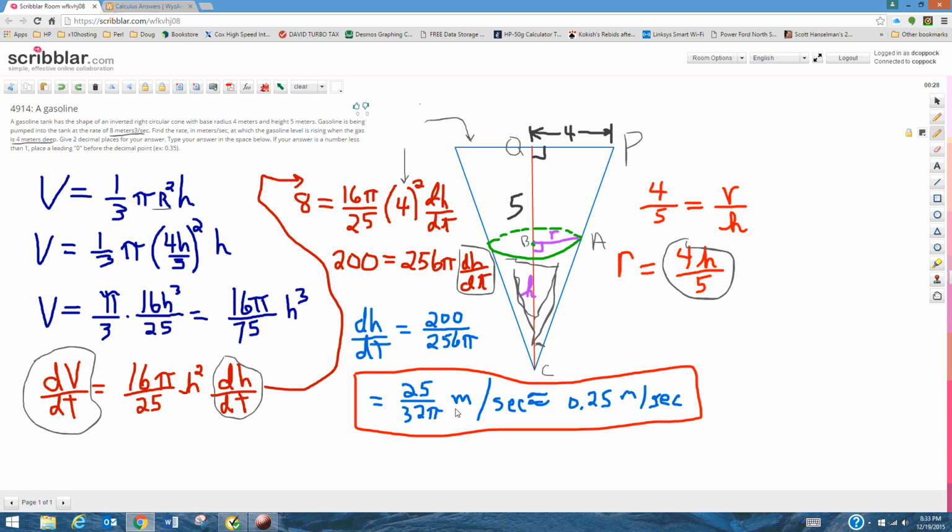And that is meters per second, because on this side I had meters cubed per second. When I square the height, I get meters squared. When I divide meters squared into meters cubed, I get meters per second. And if you actually evaluate 25 over 32 pi on a calculator, you'll get approximately 0.25 meters per second. So there you go.